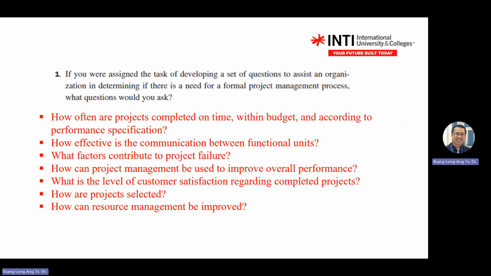Second one is communication, because as a project manager, your role is to do integration. How do you do integration? You communicate, right? So who do you communicate with? There are two parts.